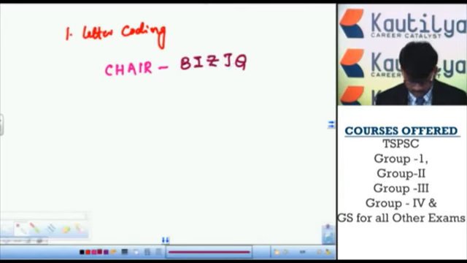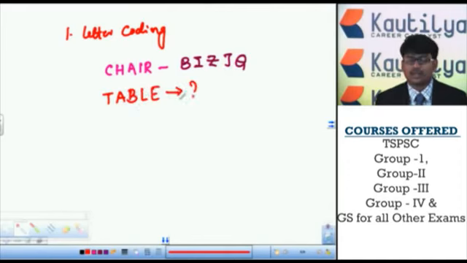In the same manner, how is the word TABLE coded? First we have to identify the code of the word from letter to letter.